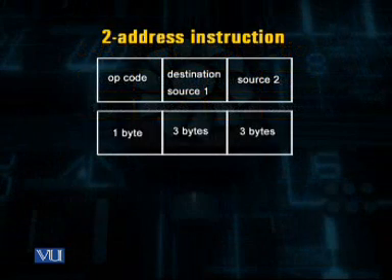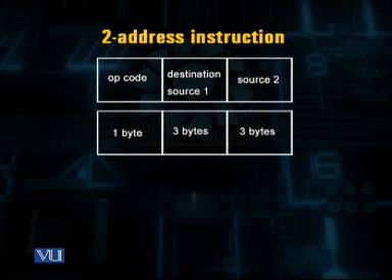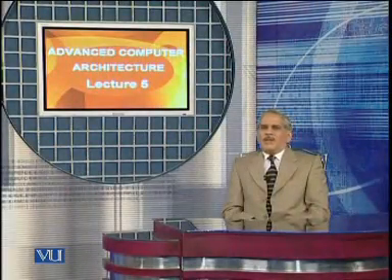Whereas for 2 address instruction words, the code size is 7 bytes, and the number of bytes accessed from the memory is 7 for the instruction fetch, 6 for the source operand, and 3 bytes for storing the destination operand, and this gives us a total of 16 bytes.